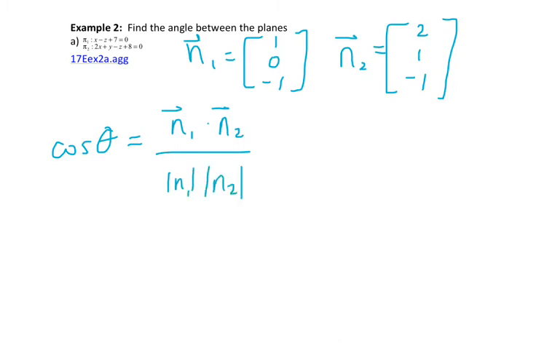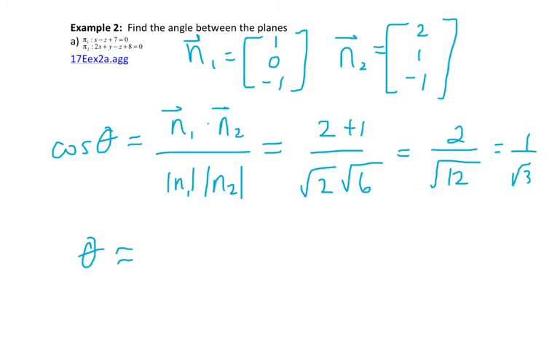Pause to calculate. Okay, I got 54.7 degrees. And this is where you're really going to have to think about, am I using cos theta or am I using sine alpha? But now I want the angle between these two, so I'm definitely using the cosine. And we're not looking at the absolute value either.